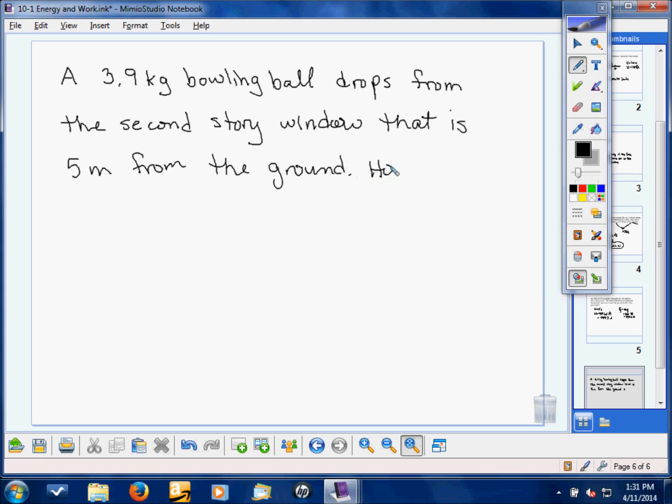What would be doing the work on that falling bowling ball? Gravity. Good. Work is done on the ball by gravity, and you can ask that.